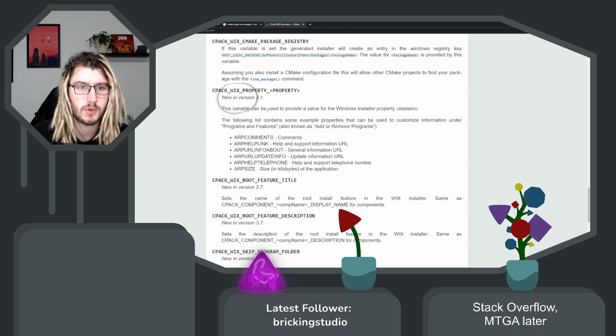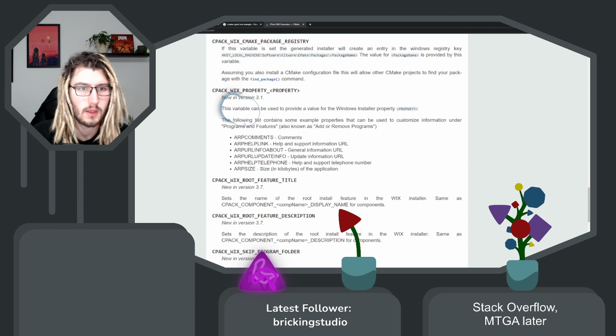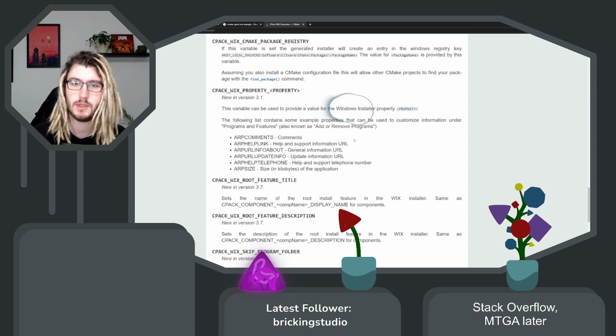Properties. This property variable can be used to provide a value for the Windows installer property. Okay. Is this done by property? No. The following list contains some example properties that can be used to customize information under programs and features, also known as add or remove programs.